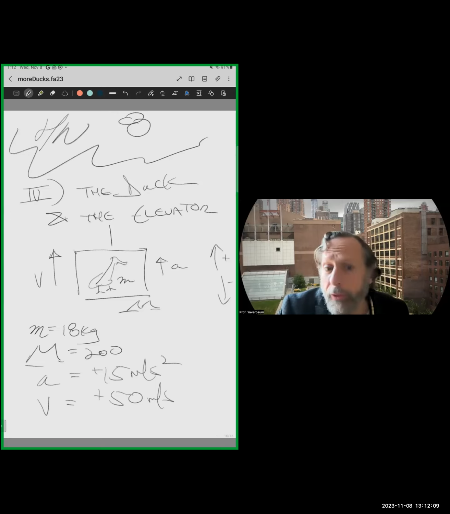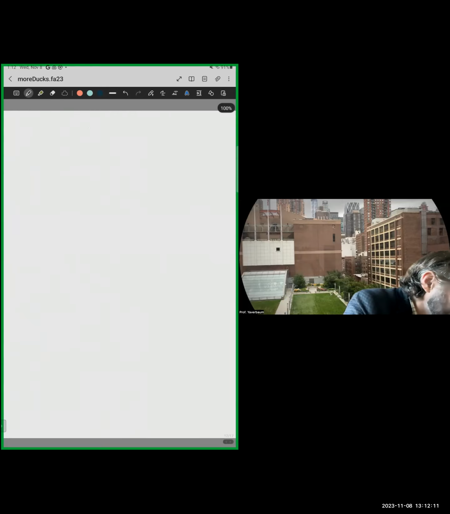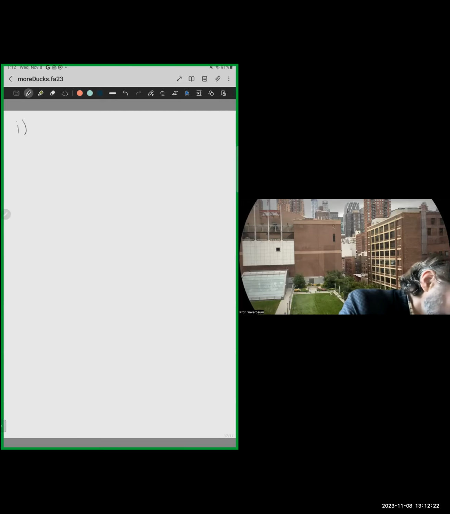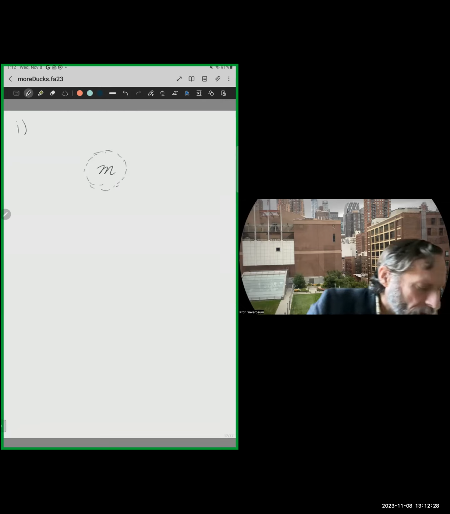So first of all, we want a system schema for the situation, and the duck is our object of focus. The duck is the thing whose acceleration we're ultimately trying to compute. So I draw a dotted circle representing the duck.